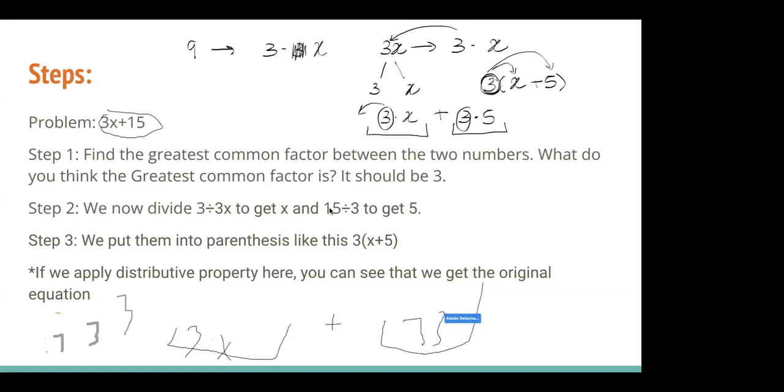And anytime we get x in between these numbers, we can remove this x here, we can remove these 3 here, and the answer will still be correct.